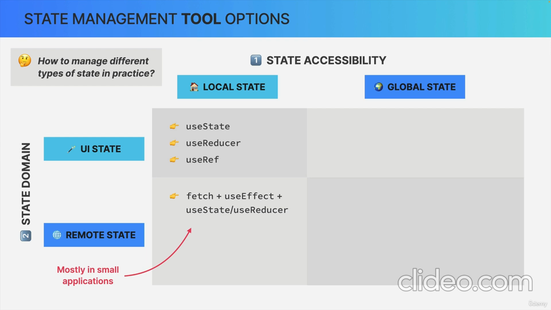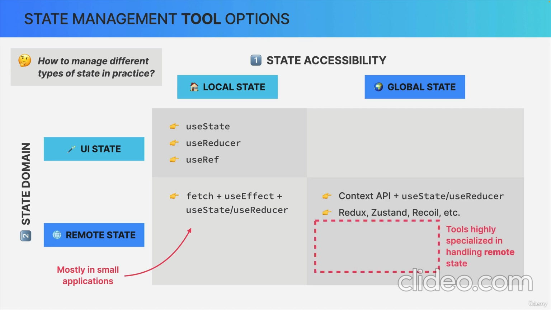which brings us to the next type of state. So, when we need to manage global remote state, we have to choose if we want to use a general solution like the Context API or a library like Redux, or if we want to use a tool that is highly specialized in managing remote state.